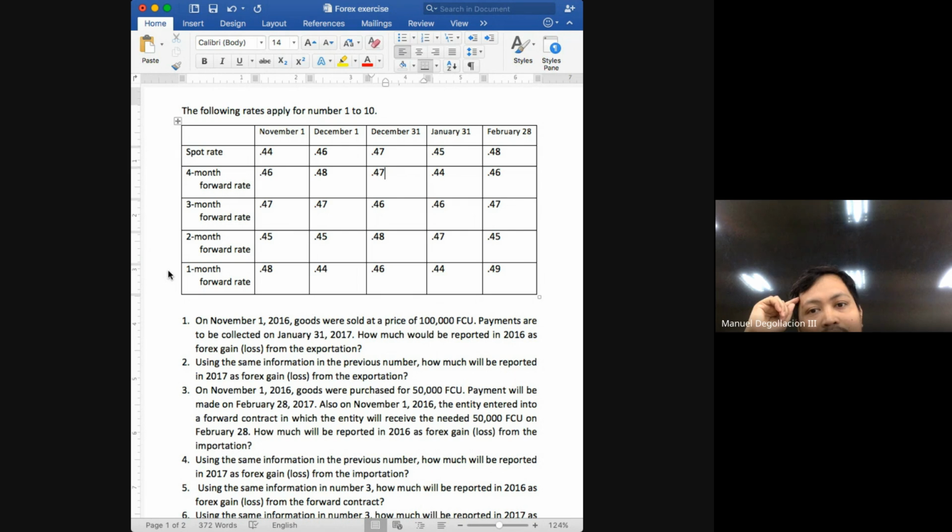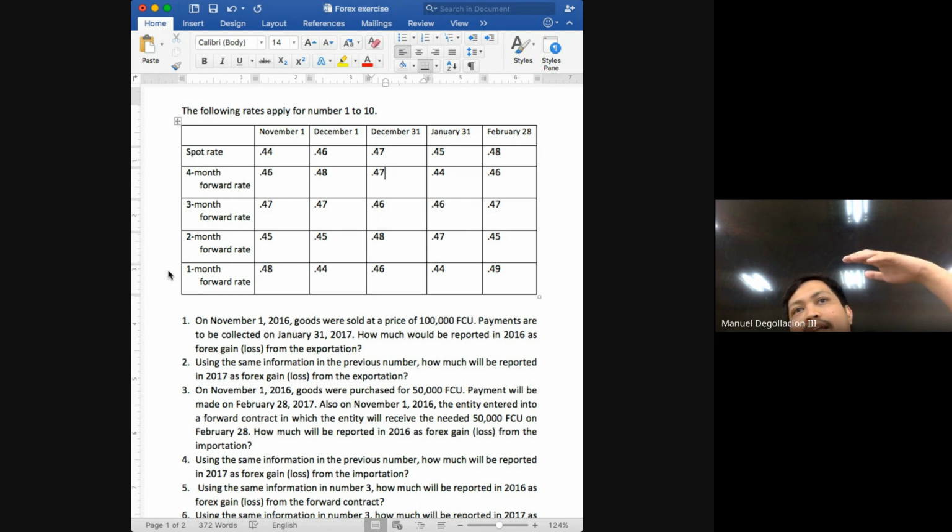Then the concepts that will be discussed here will not be applicable because everything is denominated in peso. So when will the concepts discussed now become relevant, class? If the transaction is denominated in a currency other than your reporting currency. And our reporting currency here would be our Philippine peso.